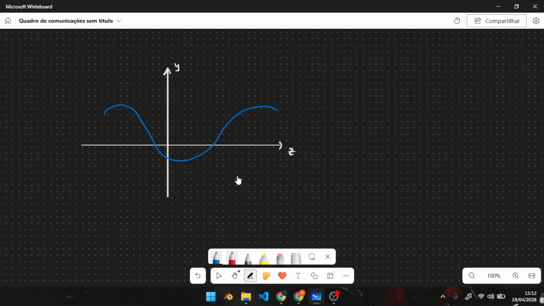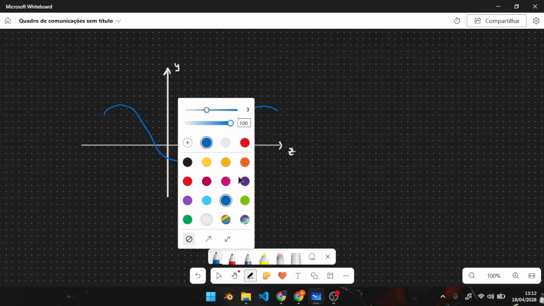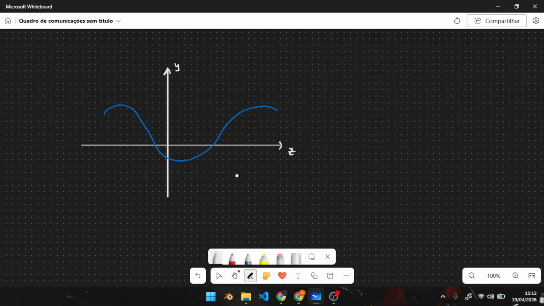Kind of like a sine function. And then this right here is 5. This right here is minus 5, okay? So we are looking at the function in this interval right here.